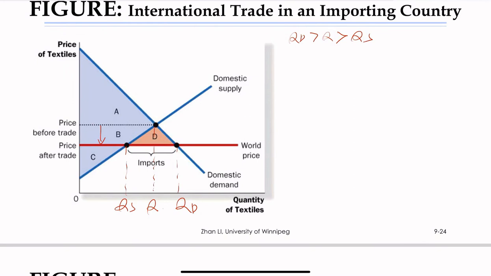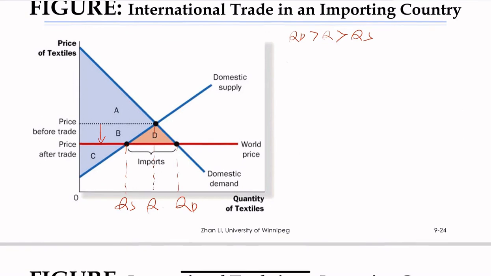And QS is really the quantity supplied by the domestic suppliers. And you can see that QD is larger than QS because part of the consumption is from imported textiles, right? So you can see that QD minus QS essentially equals quantity imported.